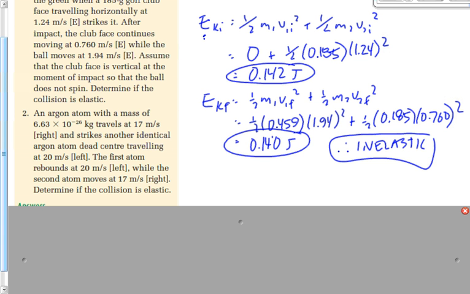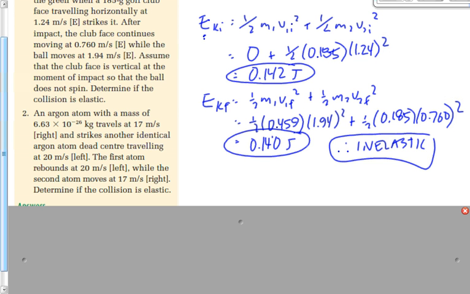If you have an argon atom striking another argon atom, both with the same masses, and one of them is moving at 17 meters per second before the collision, one of them is moving at 20, and after the collision, one of them is moving at 17 and one of them is moving at 20, then we know just by looking at those numbers that the kinetic energy initial will equal the kinetic energy final, right? 1/2 of 6.63 times 17 squared plus 1/2 of 6.63 times 20 squared is equal to 1/2 of 6.63 times 20 squared plus 1/2 of 6.63 times 17 squared, right?